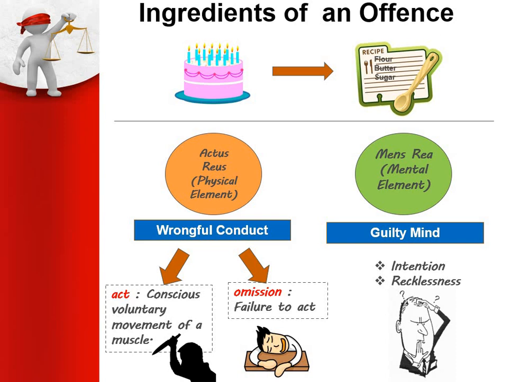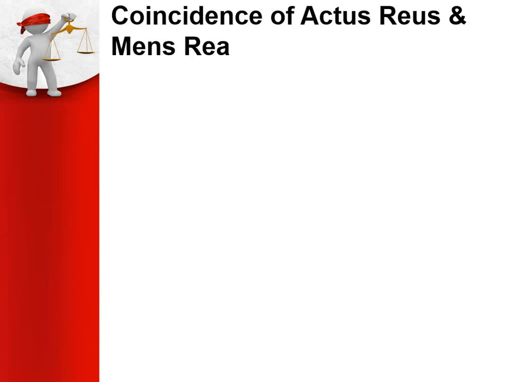But why in such a situation will a person not be arrested or convicted? Because he hasn't committed the actus reus. So the actus reus must be committed along with the requisite mens rea, meaning both these ingredients are necessary for the prosecution to establish an offence. So that is why there is another concept called coincidence of actus reus and mens rea, meaning both actus reus and mens rea must coincide.